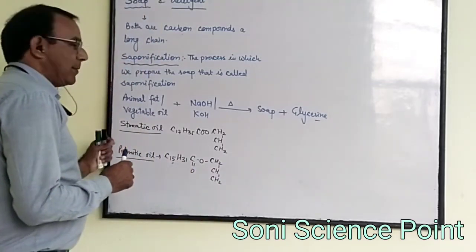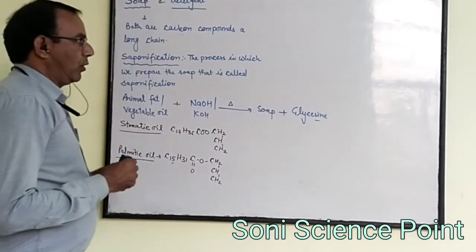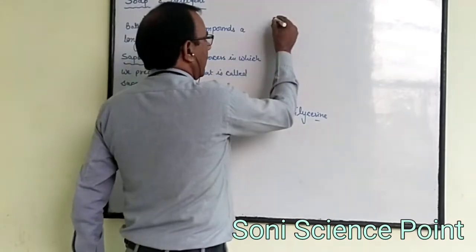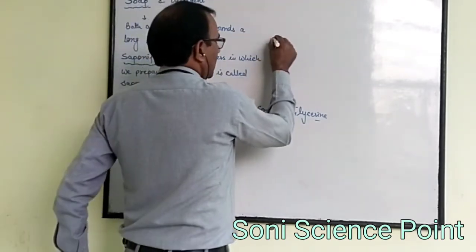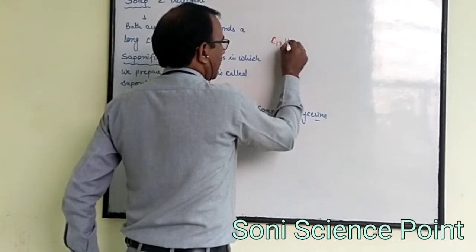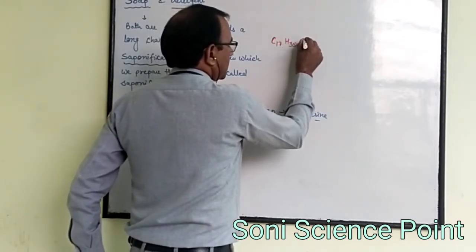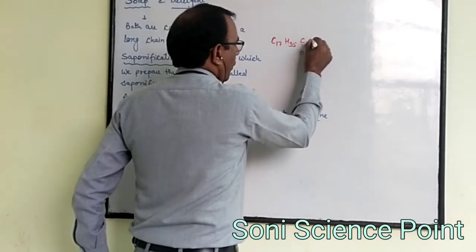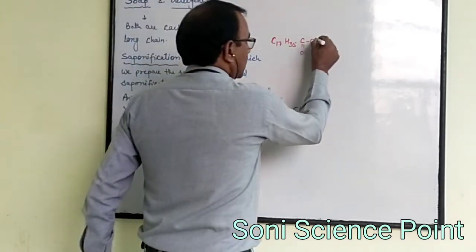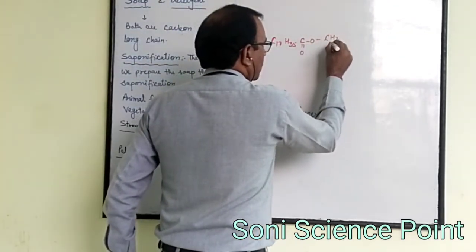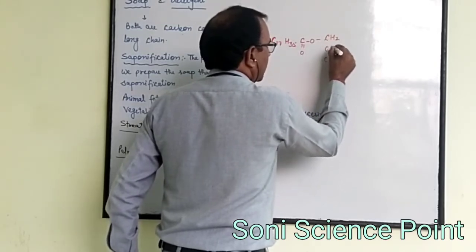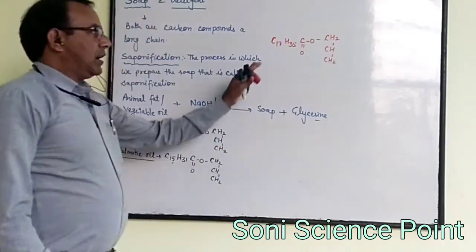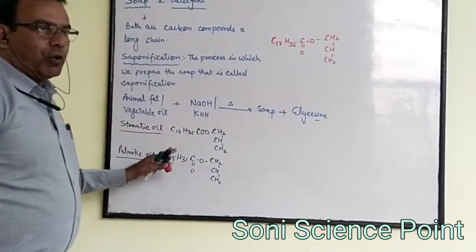So write down the chemical formula of formation of soap. Firstly, we take stearic oil, C17H35COO with CH2, CH and CH2. This is the chemical formula of stearic oil.